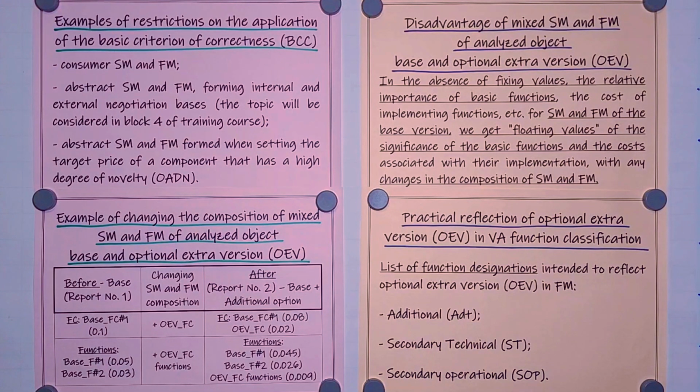0.03 respectively. When an extraversion, additional options, is introduced into the basic configuration as an additional carrier of functions is introduced into the structural model, and the corresponding functions are introduced in the functional model. So when recalculating the significance, report number 2, all the above-mentioned values of the relative significance of the basic functions and their function carriers will float.